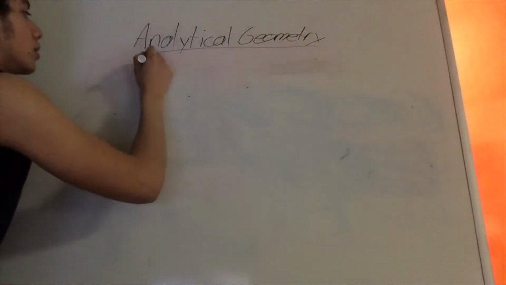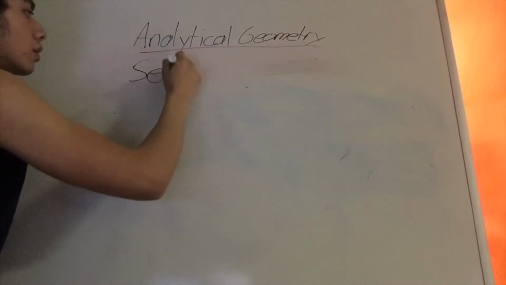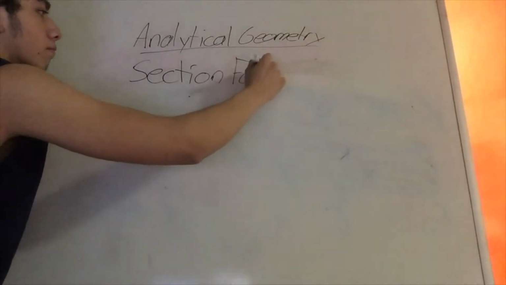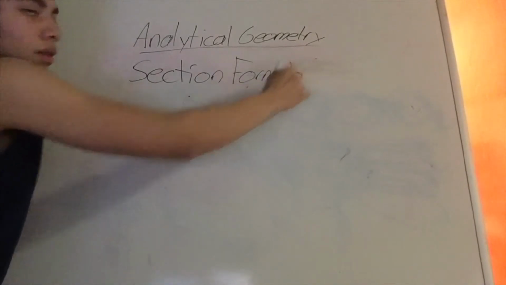So the section formula tells us the coordinates of the point which divides a given line segment into two parts such that their lengths are in the ratio m to n. The midpoint of the line segment is a point that divides a line segment into two equal halves.